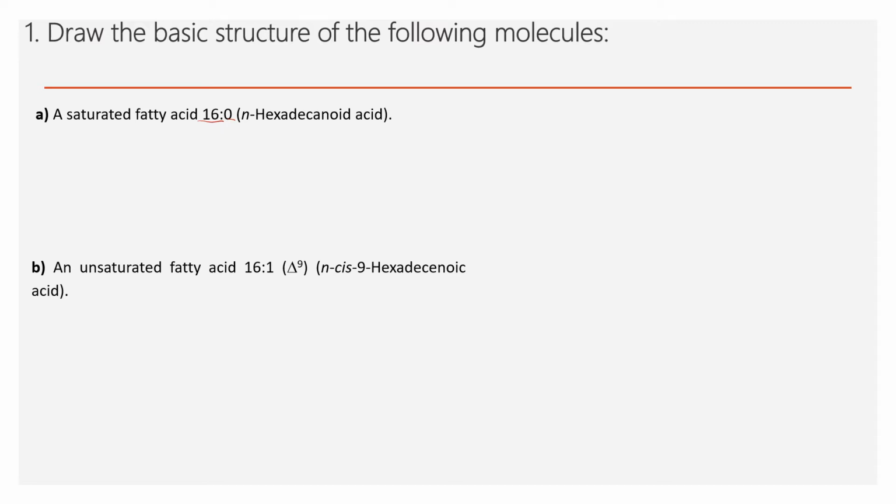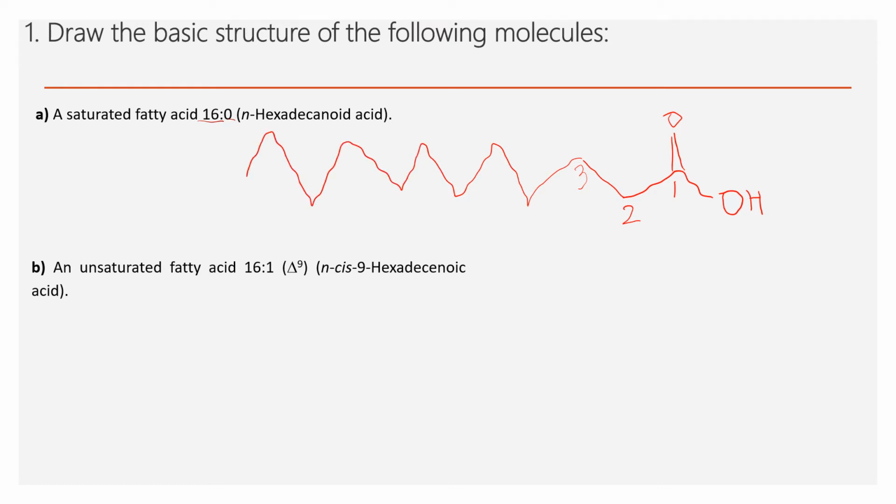Basically you start off with a hydroxyl group, carbonyl, and this is your first carbon, then your second, your third, 1, 2, 3, and you have to draw 16. 1, 2, 3, 4, 5, 6, 7, 8, 9, 10, 11, 12, 13, 14, 15, 16.